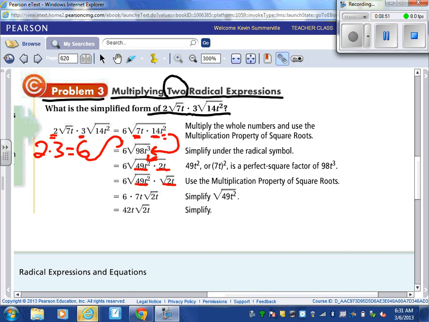And always remember to bring down the number on the outside of the square root. So if we break down 49t squared, the number that comes out of 49 is 7, along with the t.